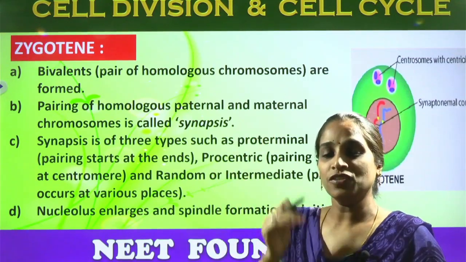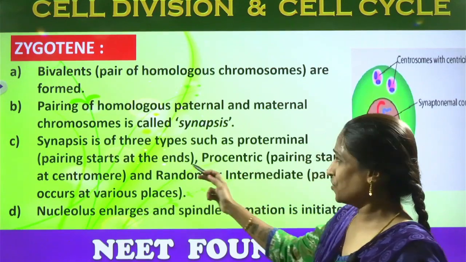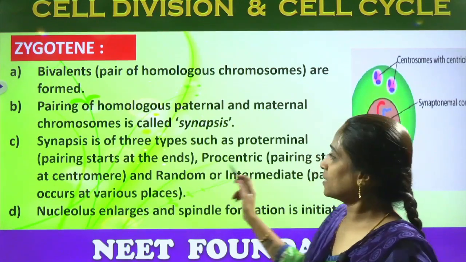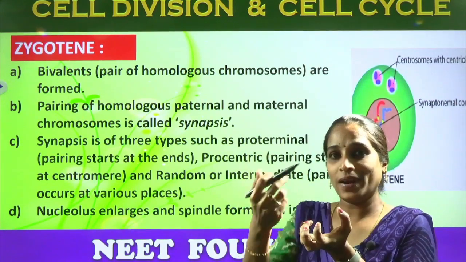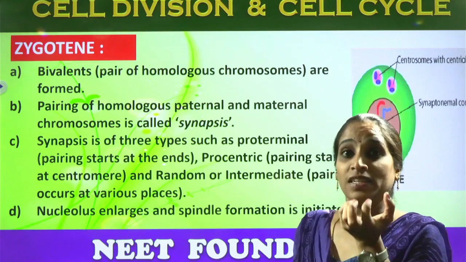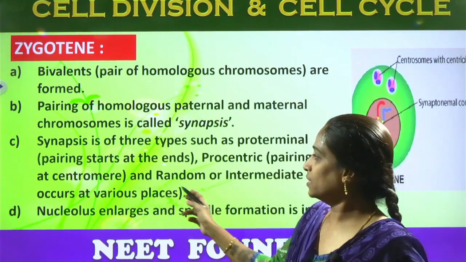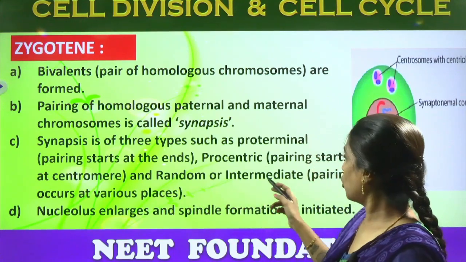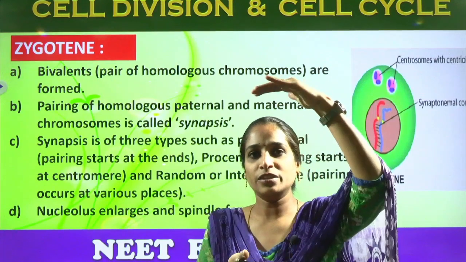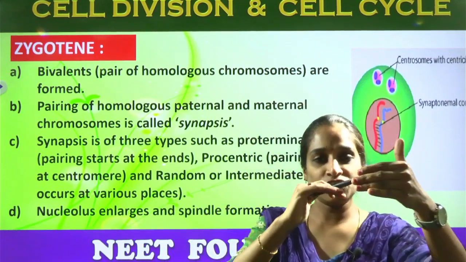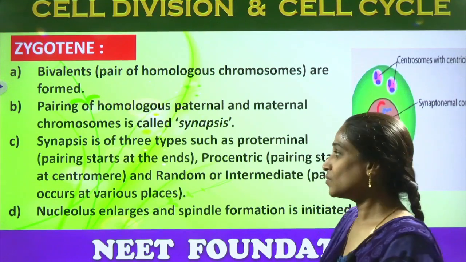Exactly at the terminal regions, where we can observe the pairing process, is called procentric pairing, and pairing also starts at the centromere, the supporting region where the 4 chromatids of each chromosome are situated. So pairing also occurs at the centromere, and random or intermediate pairing occurs at various places. First at the terminals, next at the middle region, the centromere, and next at random regions, everywhere.